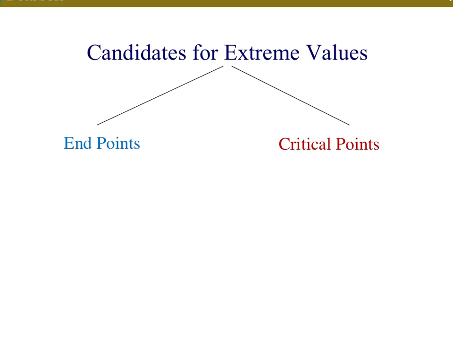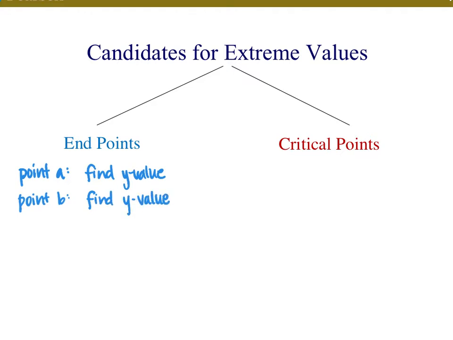So you'll start with your endpoints. Your endpoint would be point A, and you need to find the y value there. And then you have point B, and you need to find the y value there. All right, then the endpoints are done. Then you do your critical points.